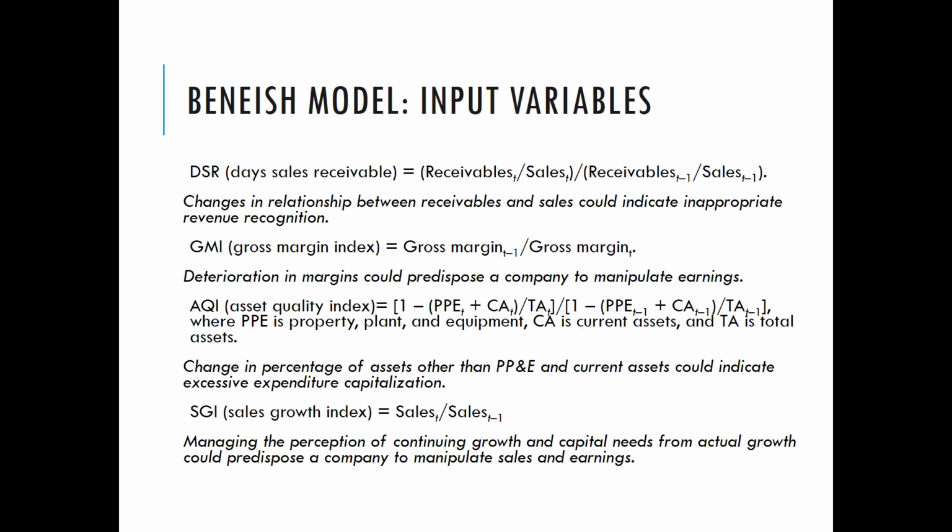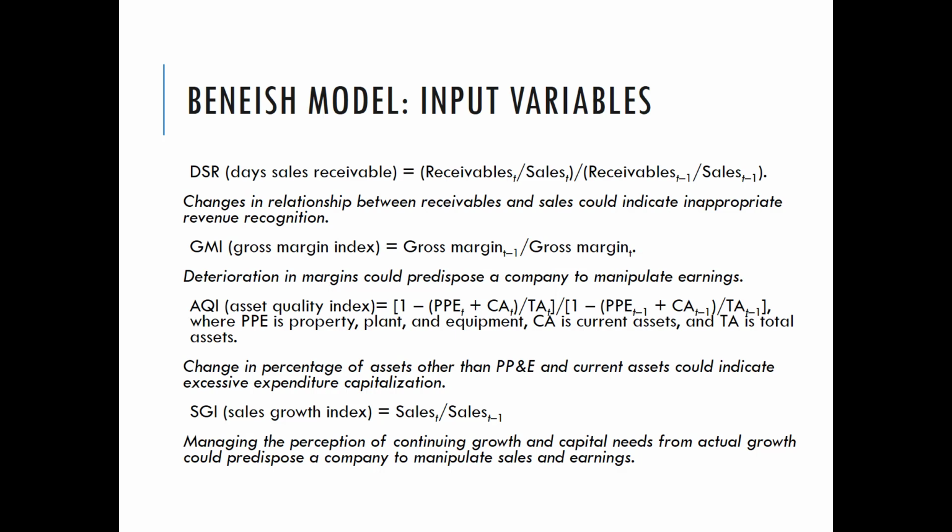And what you see is that a lot of these ratios are index ratios. And index ratios generally look at the change from one year to the next. So essentially, we're looking at changes from one year to the next to basically see how things have progressed. And the idea behind this is really that when you're looking at manipulation, it generally is something that you can pick up by changes in behavior.